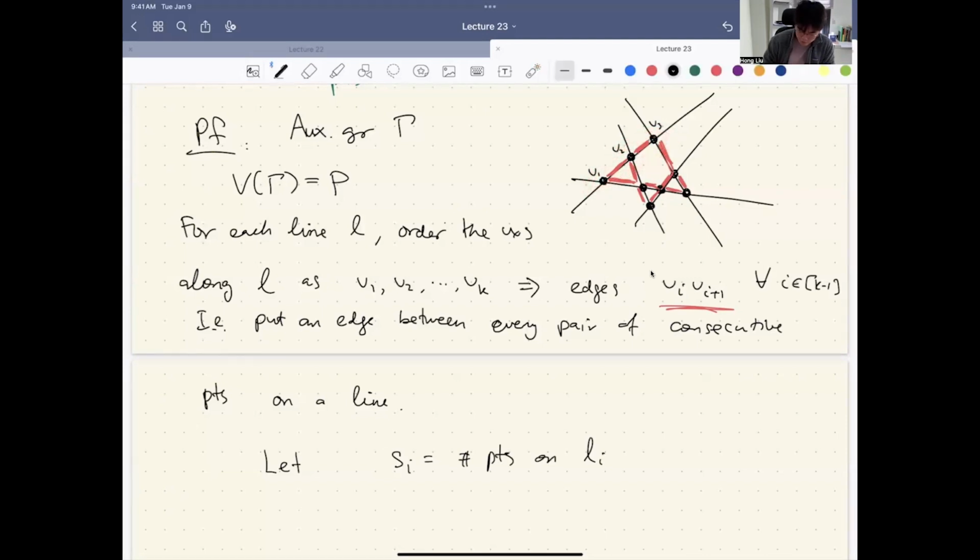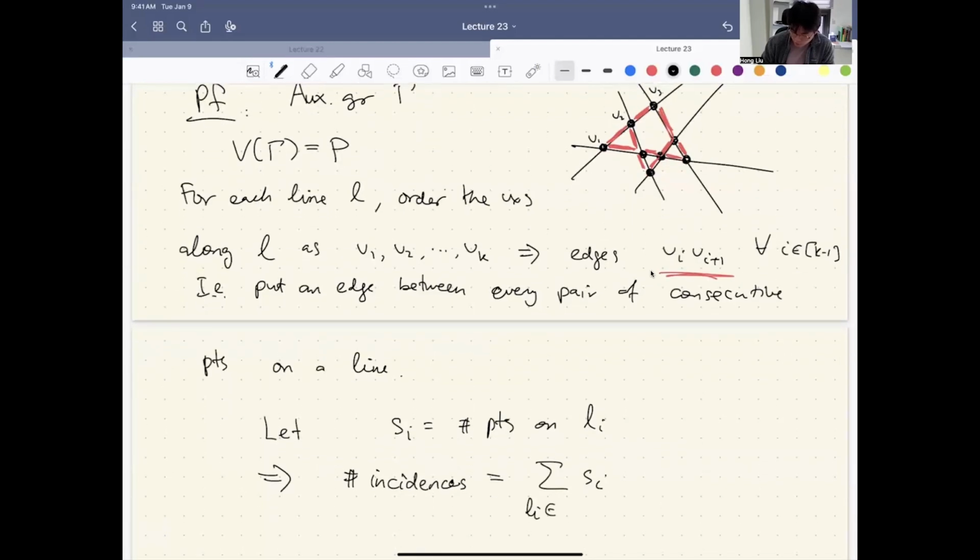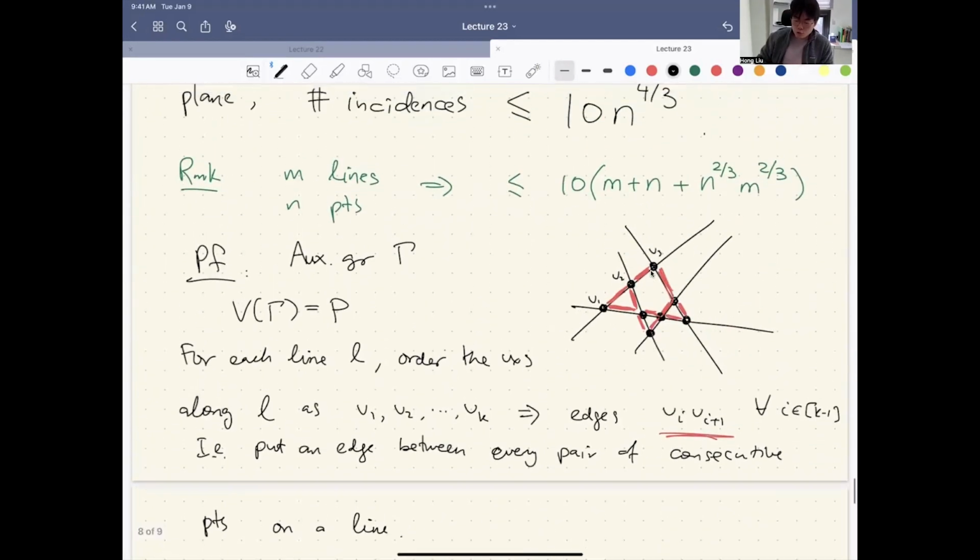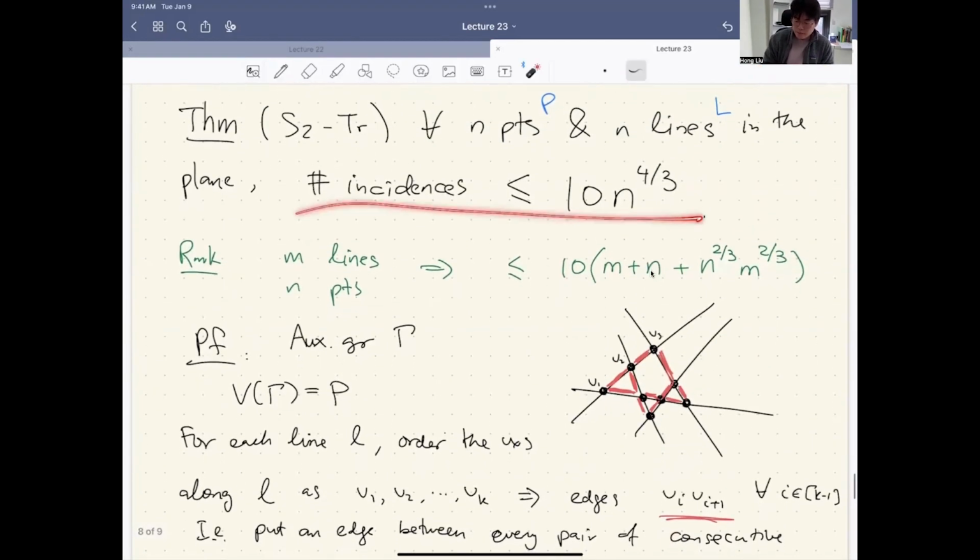This implies the number of incidences equals the sum of Si over all Li in L. Let's call this S. What we want to do is upper bound this S.